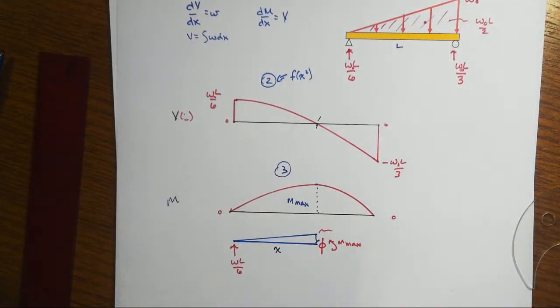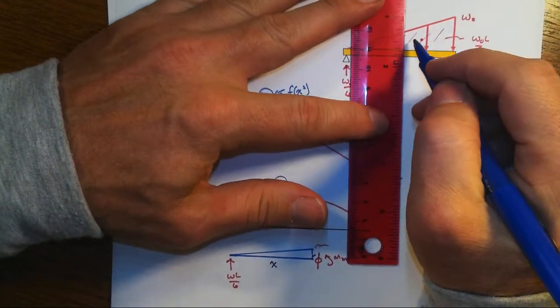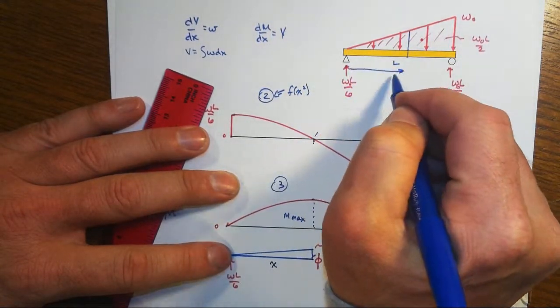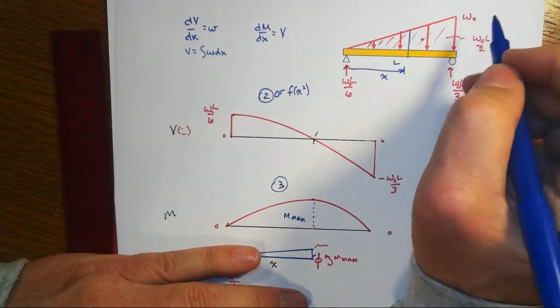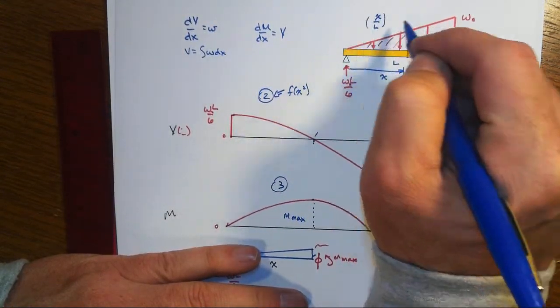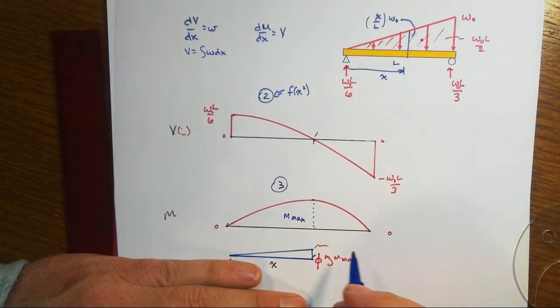It's not w0, because we've chopped this off someplace. We're over here someplace now. Well, it is just a triangle, so it is going to be proportionality: x compared to L, that fraction of where we are along times w0 will be the height that we have right here.